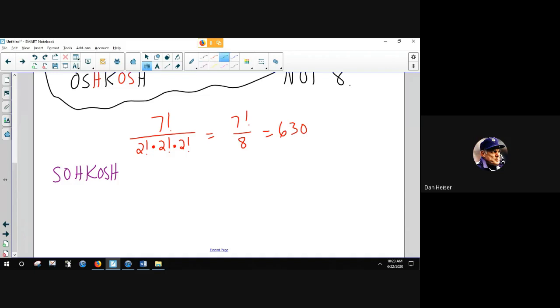But now, from this version, if all I do is switch these 2 letters, or these 2 letters, or these 2 letters, I have not made a new arrangement. If I just switch letters that have the same underline, I have not made a new arrangement. So that's 8 ways of writing this arrangement, which we have to divide out.